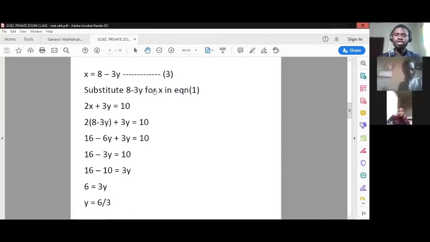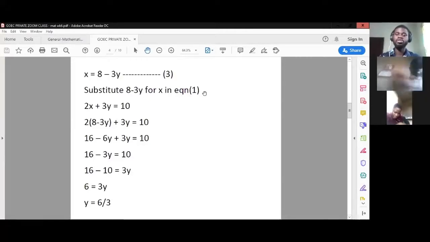So we now substitute it back. We have made x equals to 8 minus 3y. We've made x the subject of the formula, and we have labeled it as equation 3. I told you that you are not going to substitute back into the equation where you brought it out from. You substitute it into another equation. If you have brought it out from equation 1, you will now substitute it into equation 2.